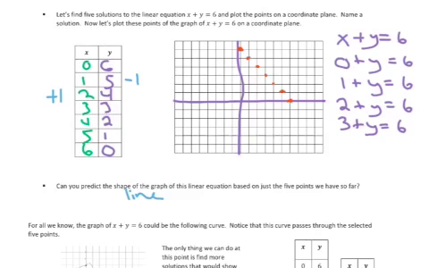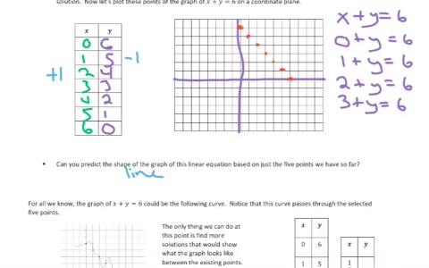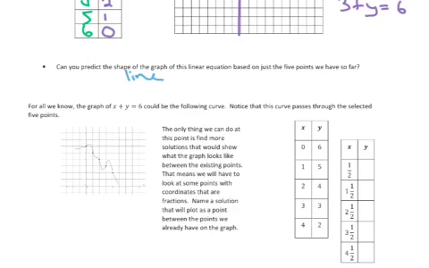But to be honest with you, we're not sure. Because if we look below at this graph, it still has the points plotted accurately, but you see how it could technically be a curve because it still goes through all of those points that we came up with from our table above.